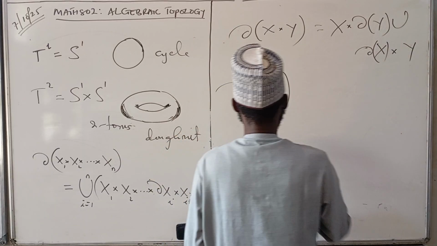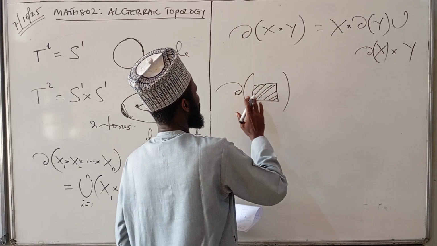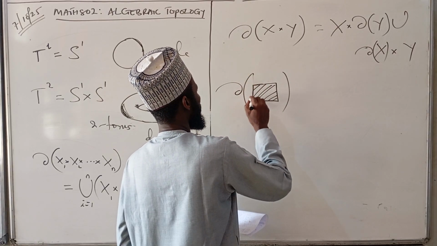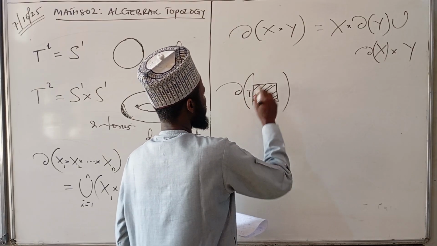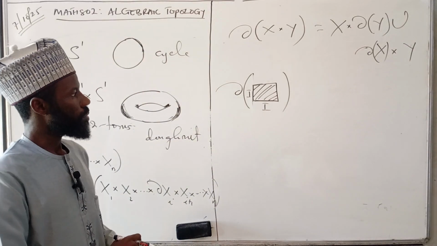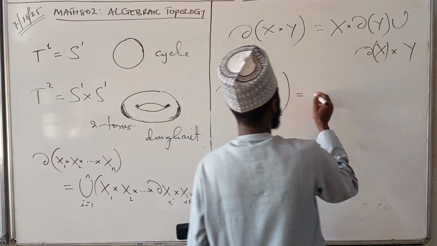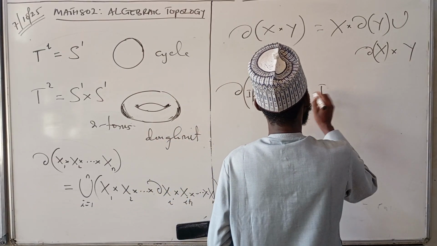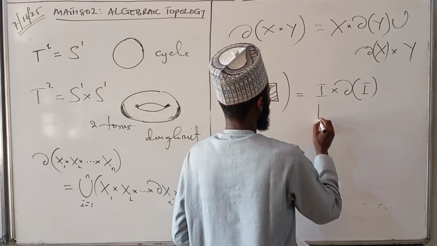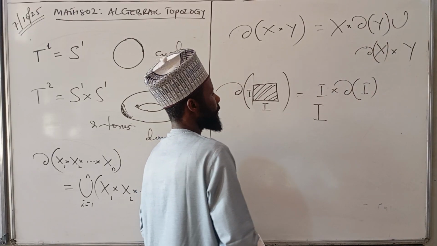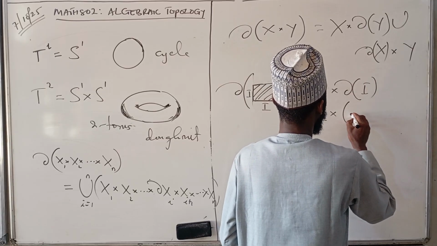You can imagine this as I cross I. So it's going to be I cross the boundary of I. And the boundary of this I is just 2 points.